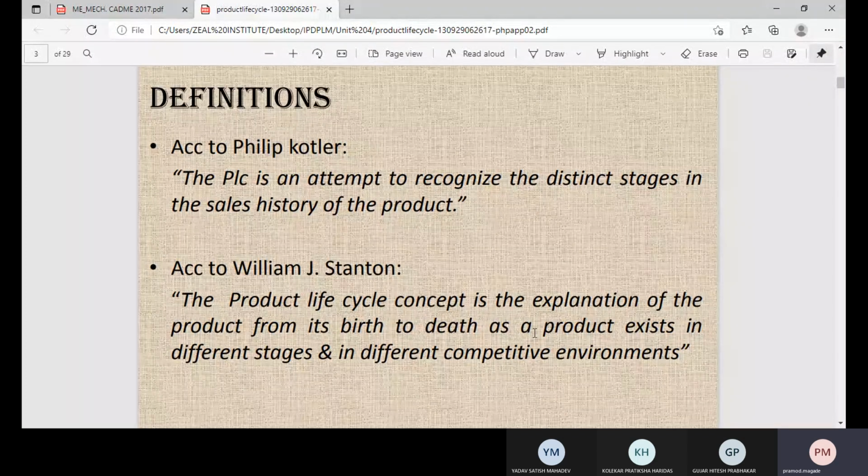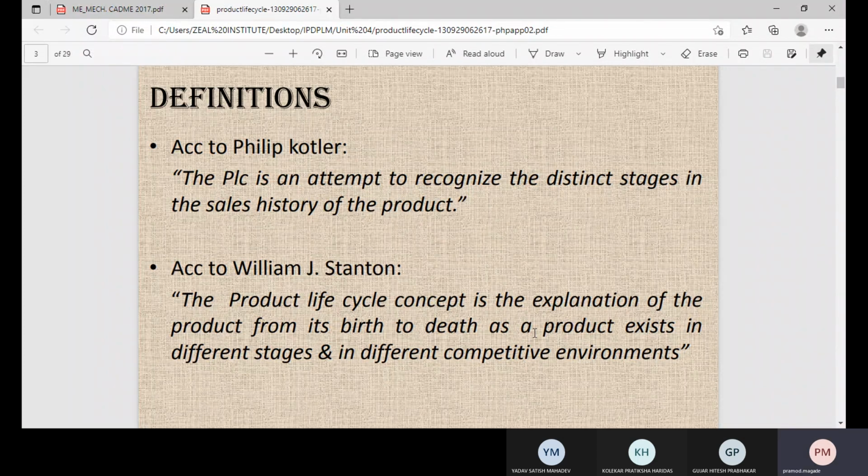This is the perfect definition for any product life cycle. So you can write the second one. According to Williams, the product life cycle is the explanation from birth to death of the product's existence in different stages within different competitive environments. So this is very clear.